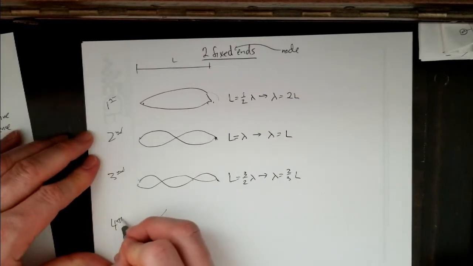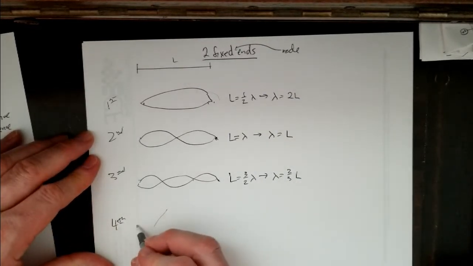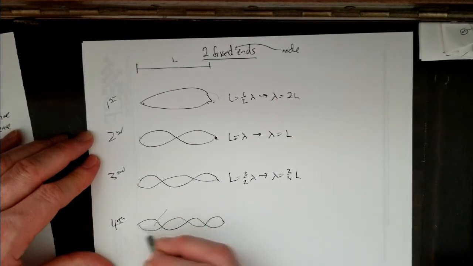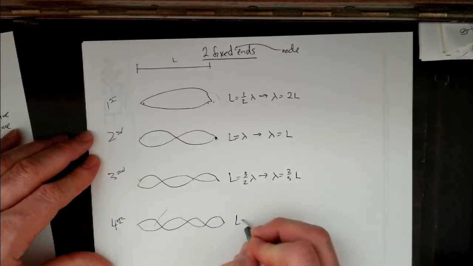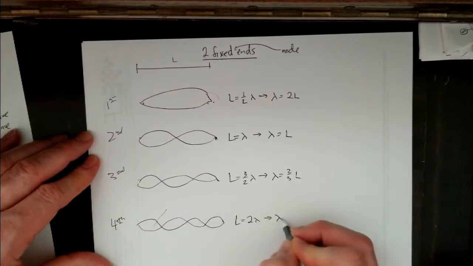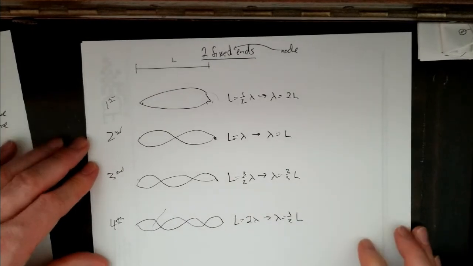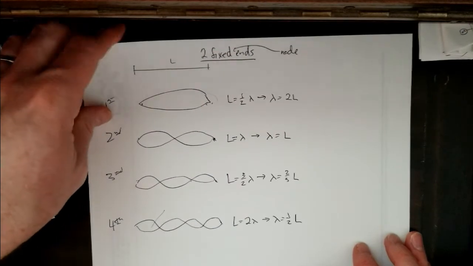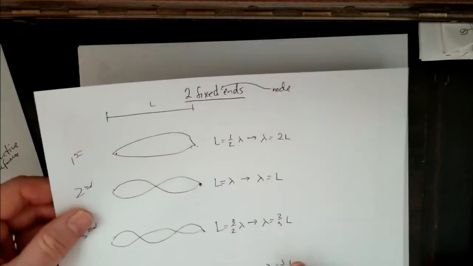And then the fourth, something like that. They should be equally spaced. This is equal to 2 wavelengths, or the wavelength is equal to 1/2 L. If I have a fixed and a free end, think of the free end as an antinode.